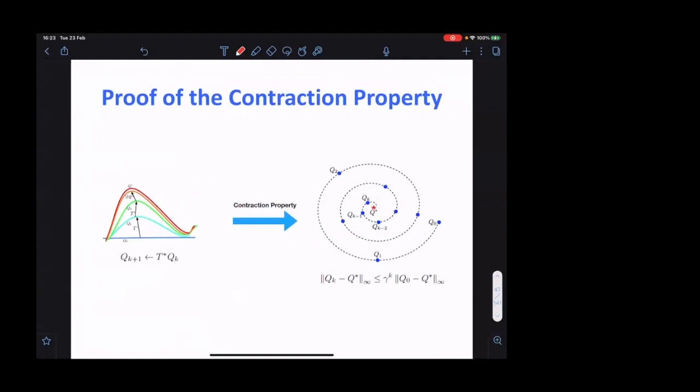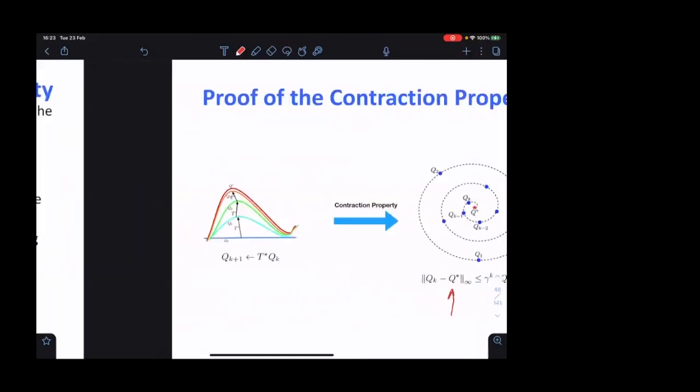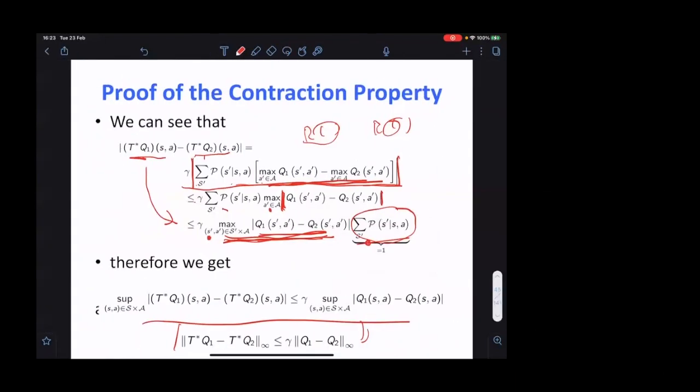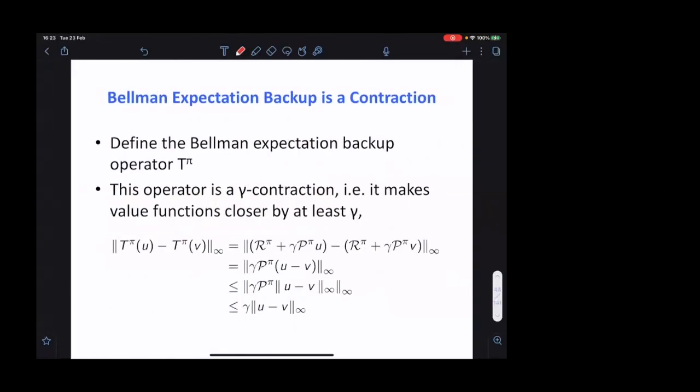So to illustrate, you have this nice property: if one of them is optimal, you are guaranteed to always converge to that. This is for the Bellman optimality backup function, but you can also claim it for the expectation backup function.